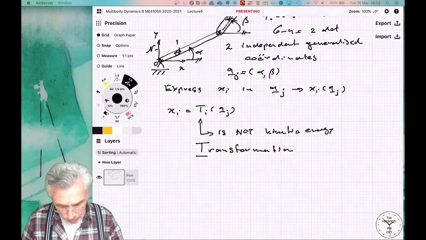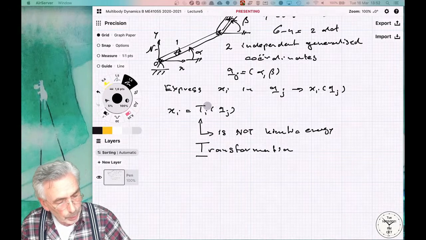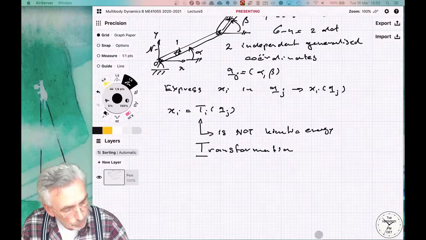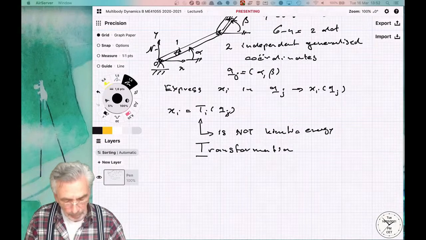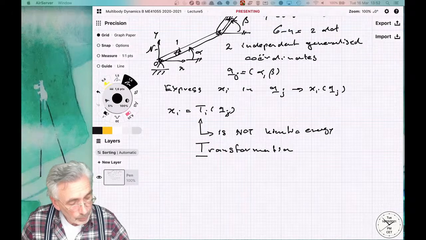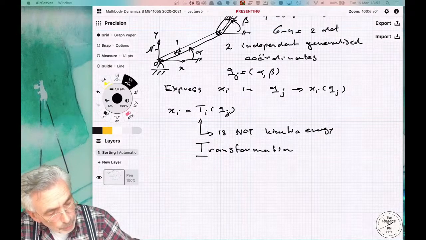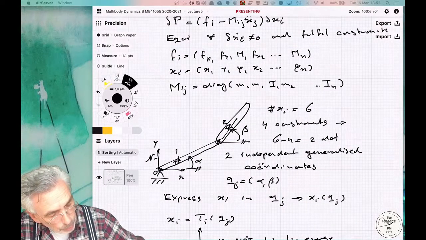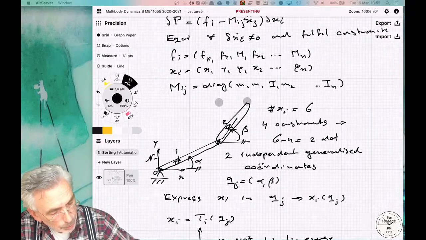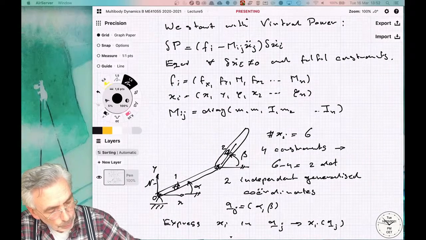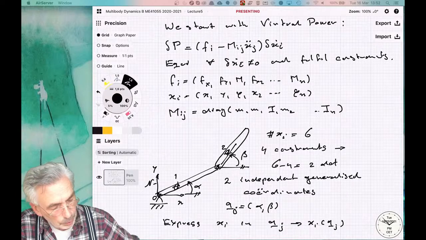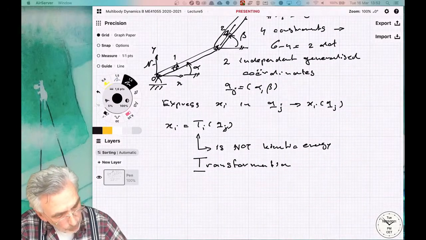So T stands for transformation, and Ti is, we have as many transformation functions as we have coordinates, as a function of this J and the generalized coordinates. Okay, so there was a thing in our equation, coordinates, although actually you don't see any coordinates. That's, by the way, super interesting. We need speeds and we need accelerations, right? So let's go there.